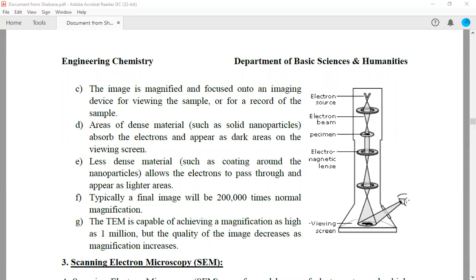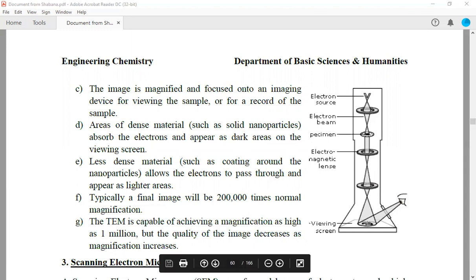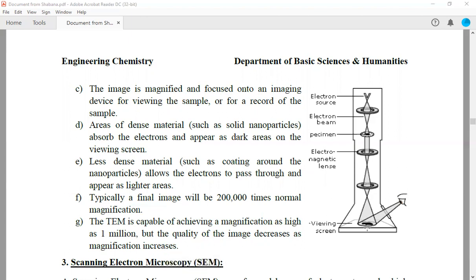Areas of dense material, that is solid nanoparticles, absorb the electrons and appear as a dark area on the viewing screen. They appear dark because the material is very dense, a very solid nanomaterial, so it absorbs the electrons.